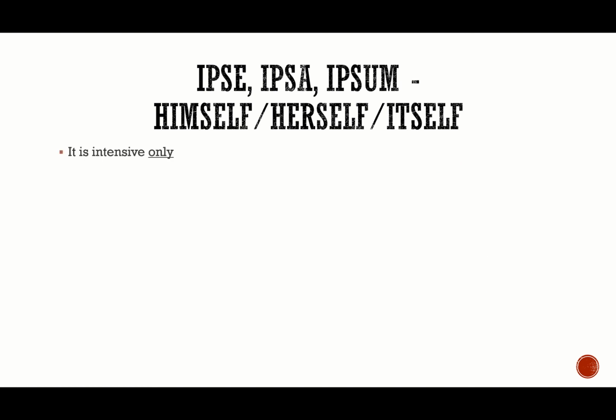All right, now, ipse, ipsa, ipsum is an intensive word only. That means it will never be used to say he bathed himself or he, let's use this one, this is a good example. If we were to say he killed himself, that is only a reflexive sentence.